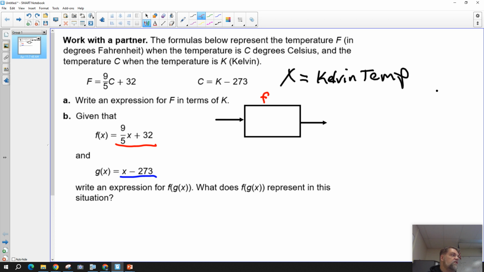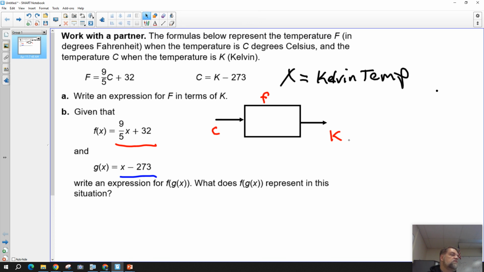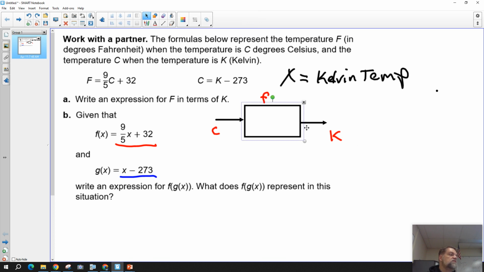And what does f do? Well, it takes a temperature that's in Celsius and spits it out to Kelvin. Does that make sense? But what we really want, I'm going to have to move some things here.